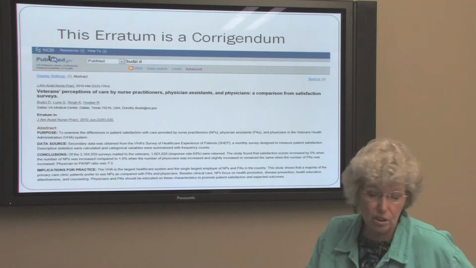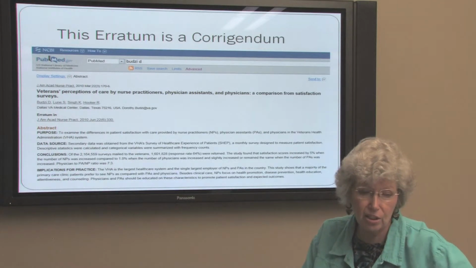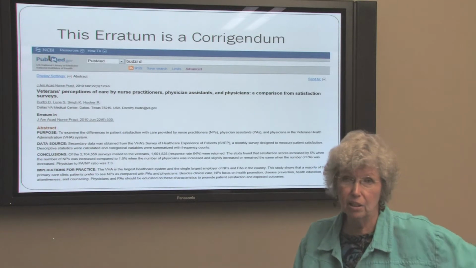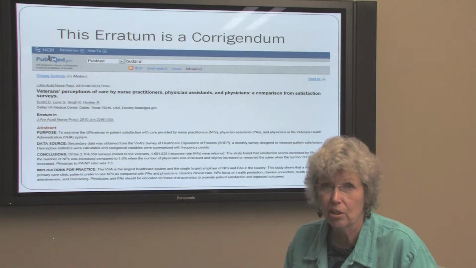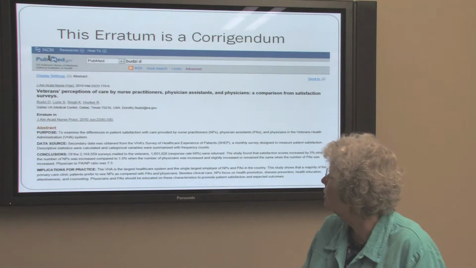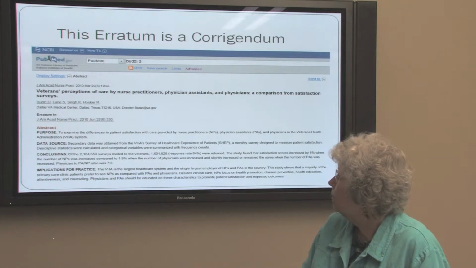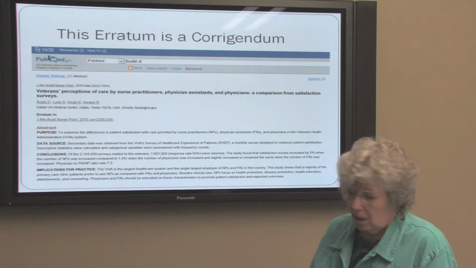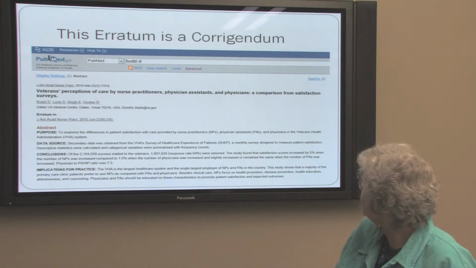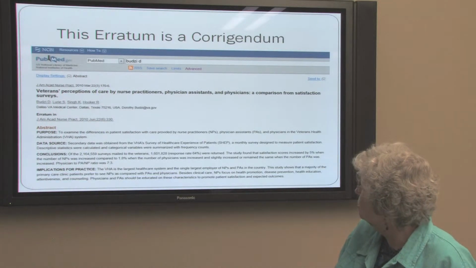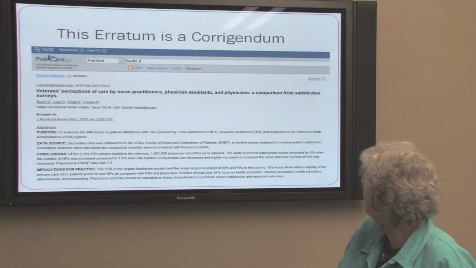All right, so this is an erratum that is labeled erratum in PubMed, and the repository for all of these is the National Library of Medicine, which is accessed through Medline or PubMed. You can see right here, if I can find my cursor again, I don't know why it seems to disappear.